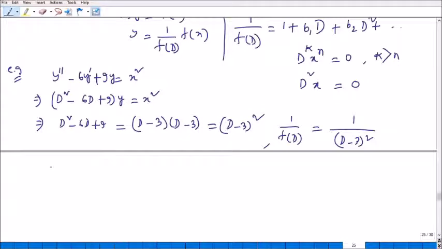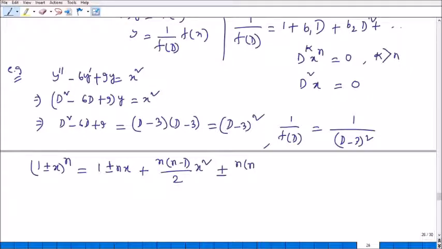We know the binomial expansion formula: 1 plus or minus x to the power n is written as 1 plus or minus nx plus n into n minus 1 by 2 factorial x square plus or minus n into n minus 1 into n minus 2 by 3 factorial x cube, and so on.